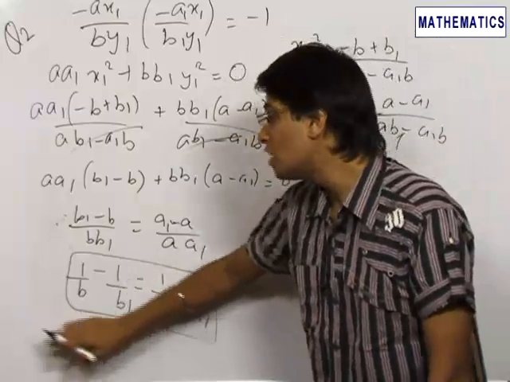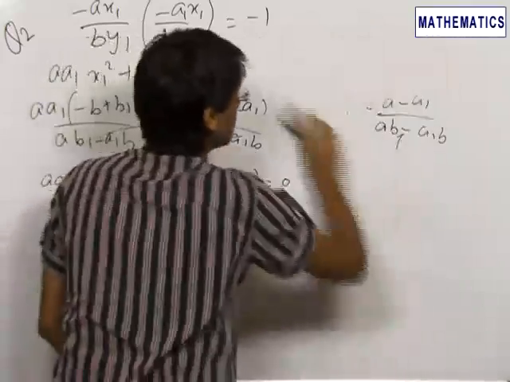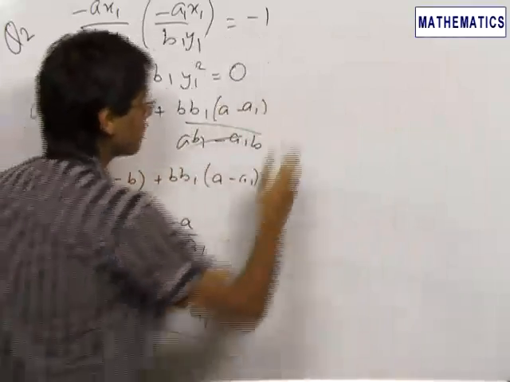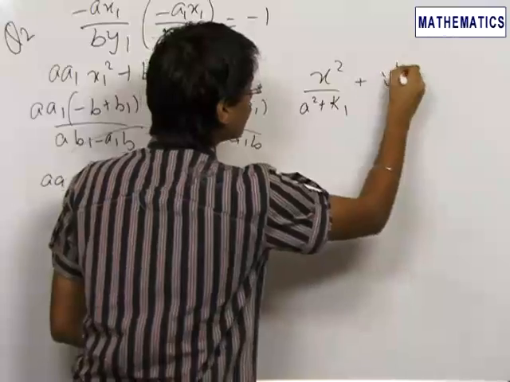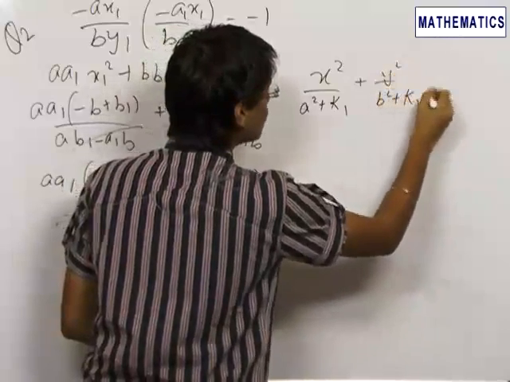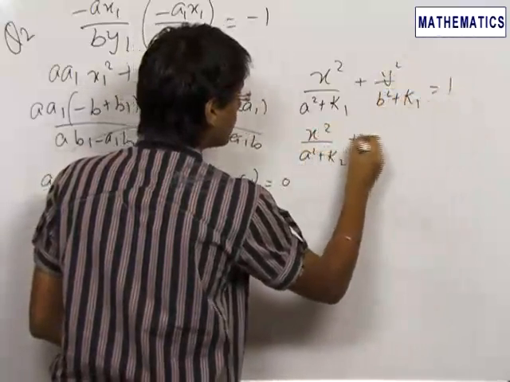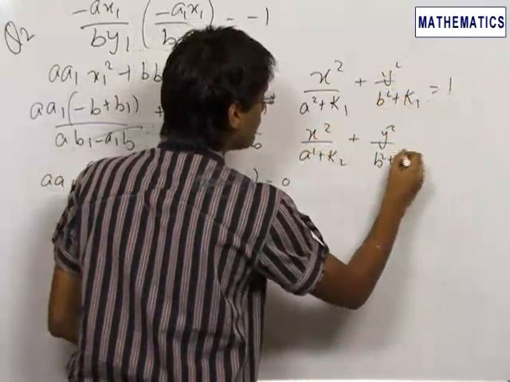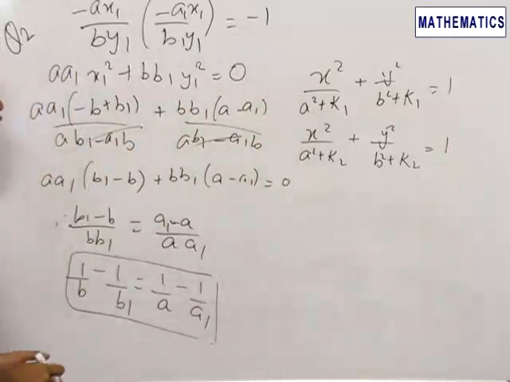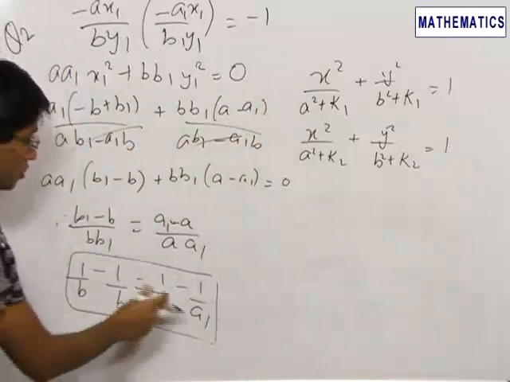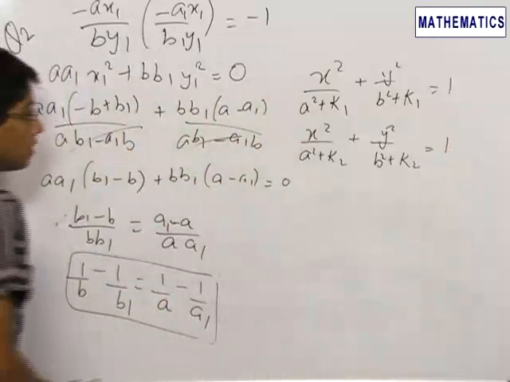This we have proved, and using this relation, we need to prove that the curves x square upon a square plus k1 plus y square upon b square plus k1 is equal to 1, and x square upon a square plus k2 plus y square upon b square plus k2 is equal to 1, cut orthogonally. So we'll use the relation and try to see whether this is equal to this or not.